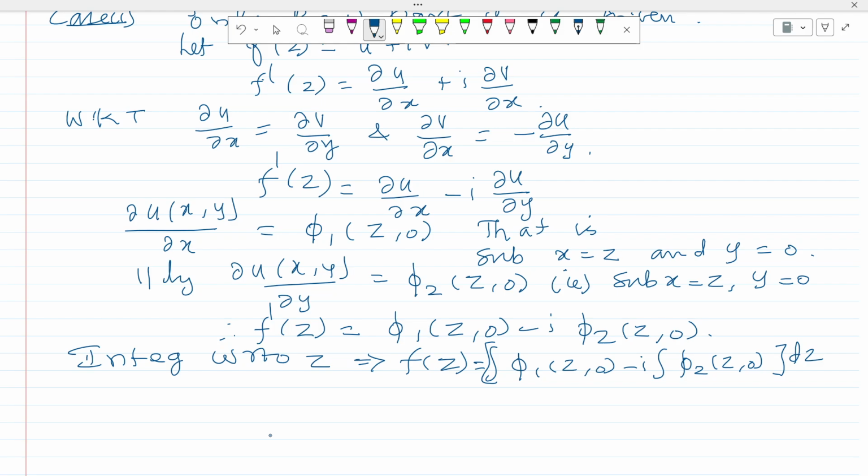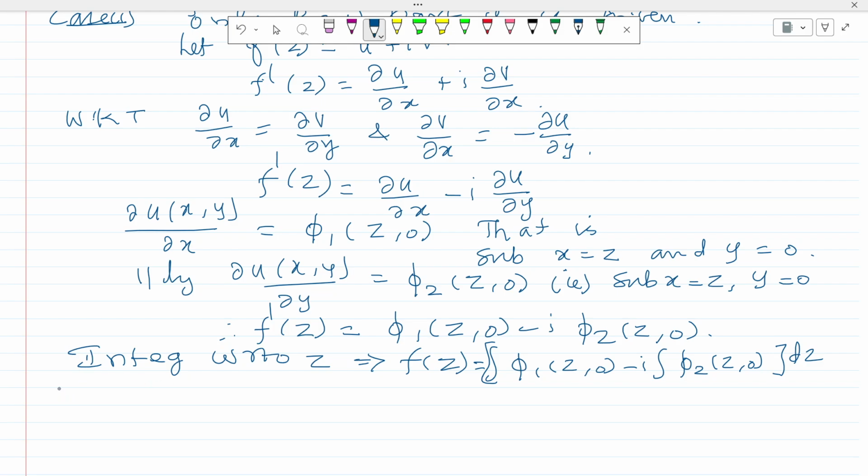How to construct the analytic function f of z? Only u, the real part, is given. You find dou u by dou x and dou u by dou y, and then substitute x equal to z, y equal to 0. Then the function will be converted into only a function of z. There is no x and y. Then you have to integrate with respect to z, and you will get f of z.